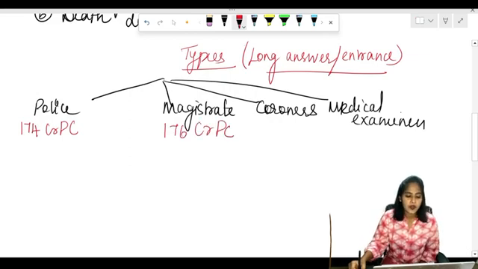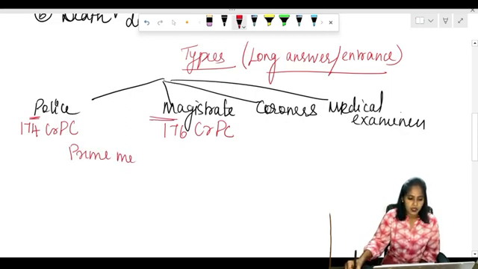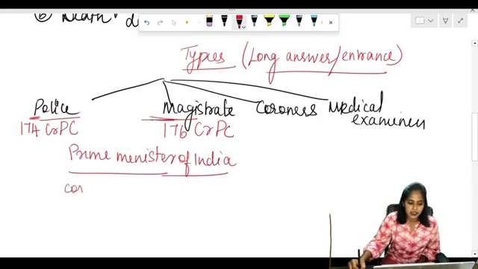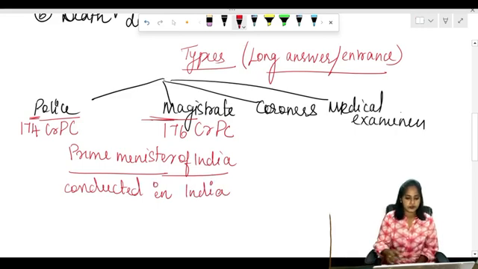I would remember this as PM, Prime Minister. Why I am saying Prime Minister of India is because only these 2 inquests are conducted in India. Only police and magistrate inquests are conducted in India, right?